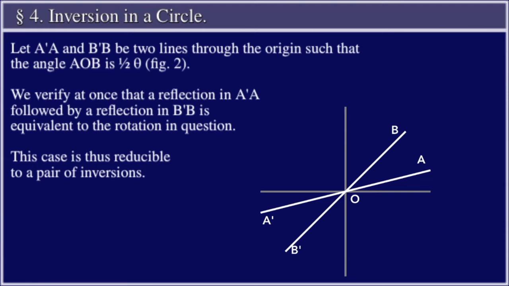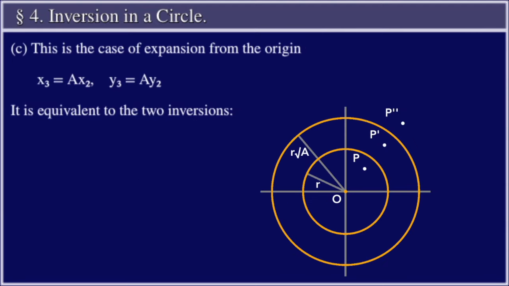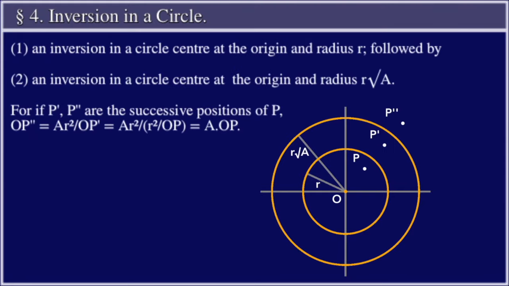C. This is the case of expansion from the origin. x3 is equal to a times x2, y3 is equal to a times y2. It is equivalent to the two inversions: 1. An inversion in a circle centered at the origin and of radius r, followed by 2.